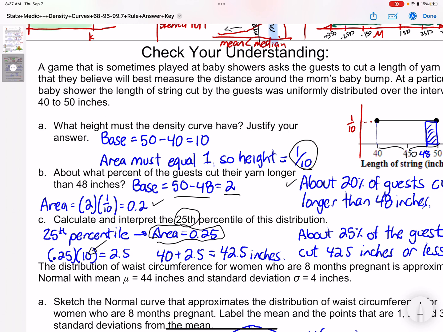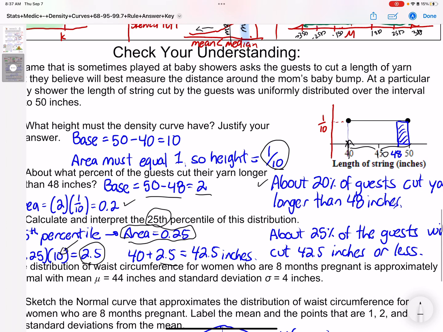I'm starting with 40 because that's my lowest spot, and adding 2.5 because 25% is 2.5 up. So it's going to be more like here. You can see clearly that is 25%, because if we split it into 4 parts, 1, 2, 3, 4, that's 25%.